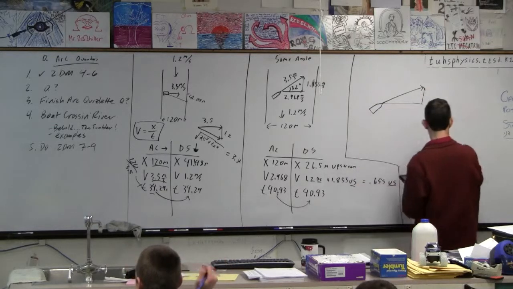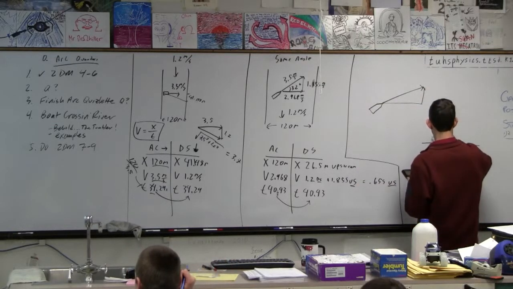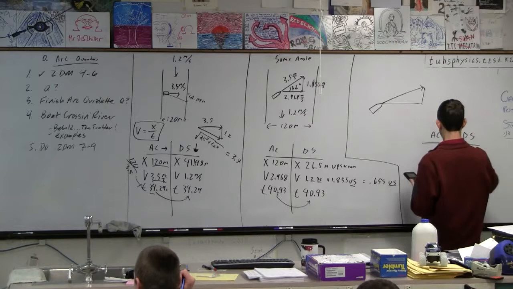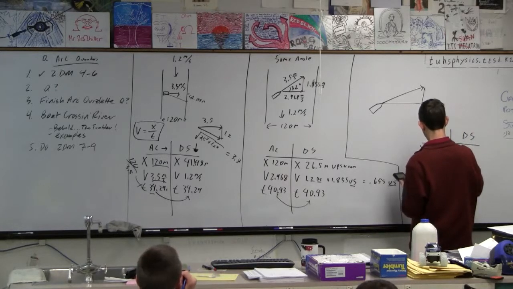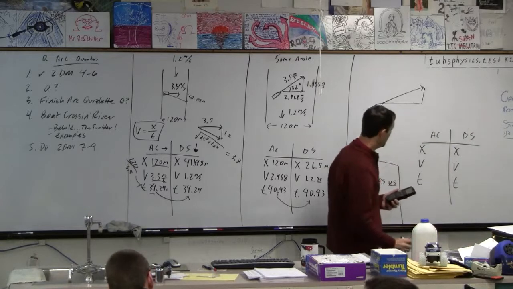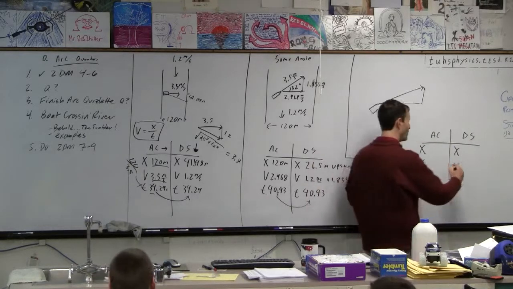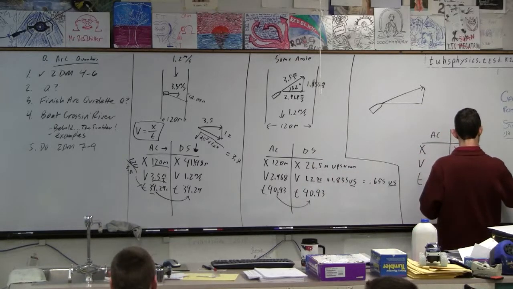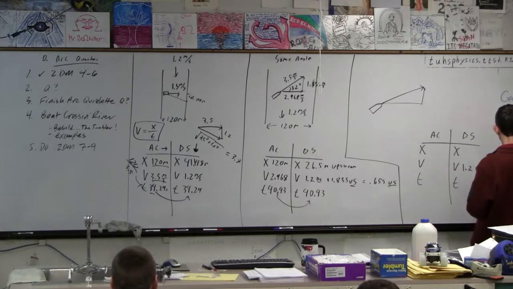And we know beforehand, across and downstream, x, v, t, x, v, t, right? We know that 1.2 downstream plus 1.2 upstream is zero.